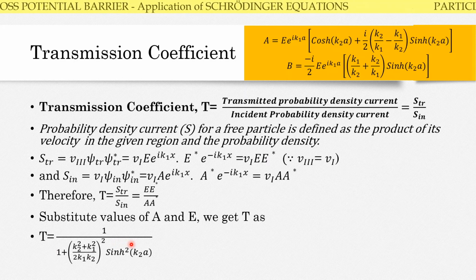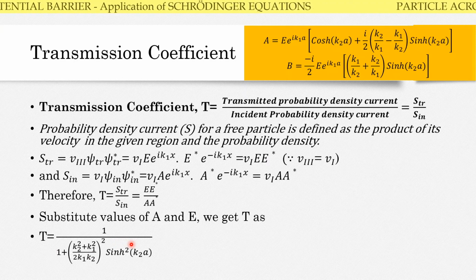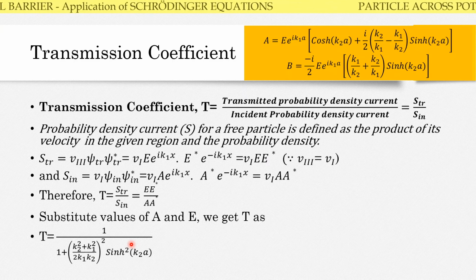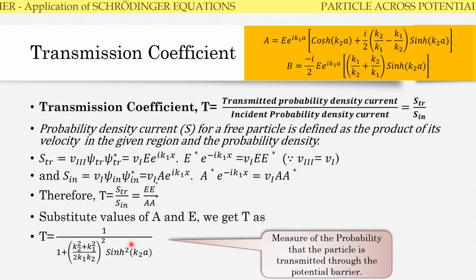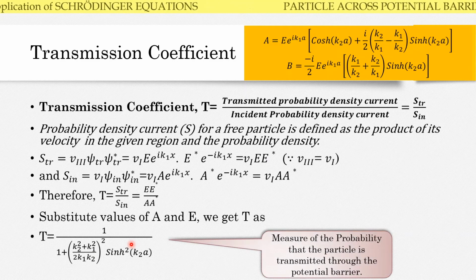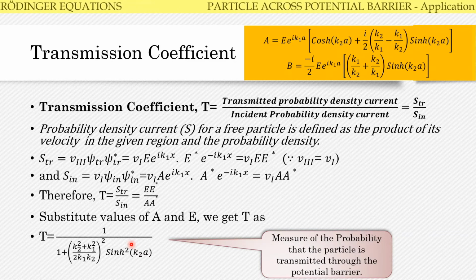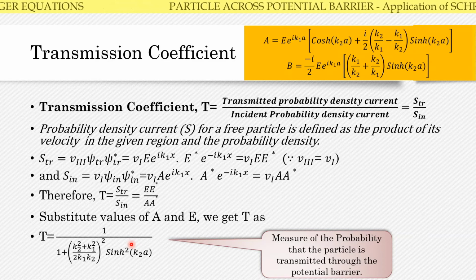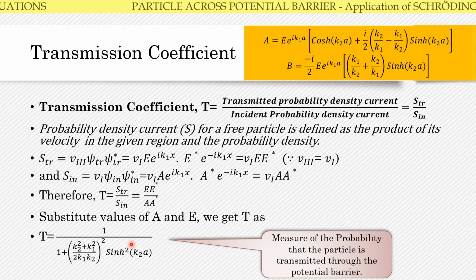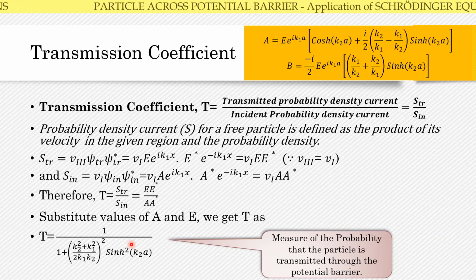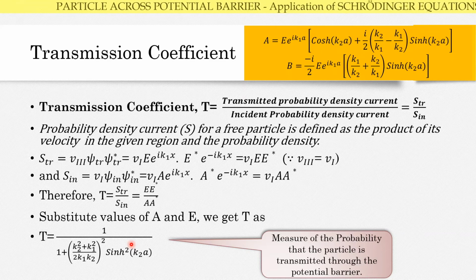As it is not 0, it means that the particle is definitely getting penetrated through the potential barrier. This equation represents the probability, the chances, that the particle is transmitted into the region 3 through the potential barrier, and it is not equal to 0.